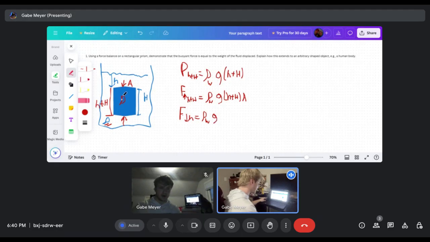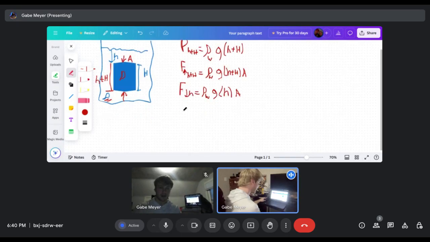And since we're not at the bottom, we're at the top surface, we're just multiplying it by a little h, multiplying that by A. So you can see here, the only difference is the depth of where we're finding this force. It's just little h for the force acting down, and at the bottom it's the whole depth of h plus big H.